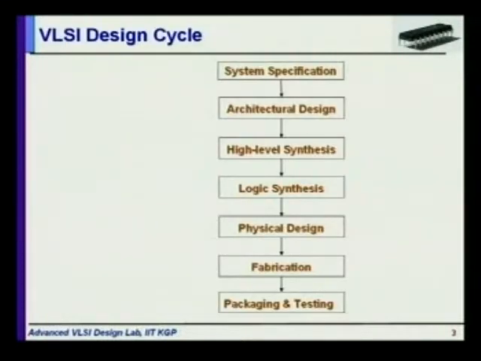Let's come to the VLSI digital design flow. Whenever you are asked to design a chip, what are the steps by which you get a chip? First of all, you have to finalize the specification. What should be the exact functionality of your chip? What should be the set of inputs? What should be the output?